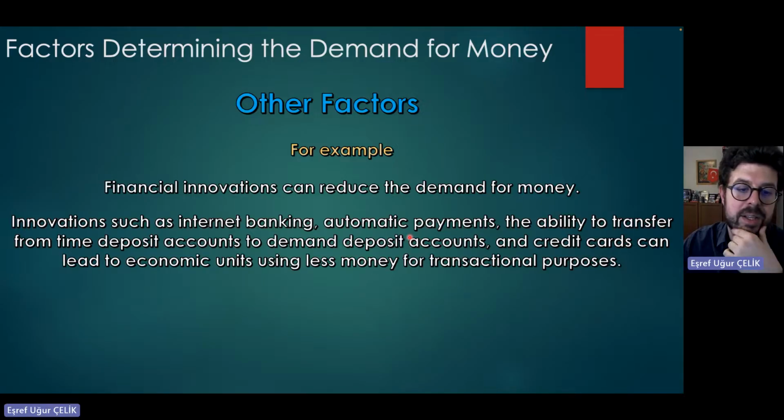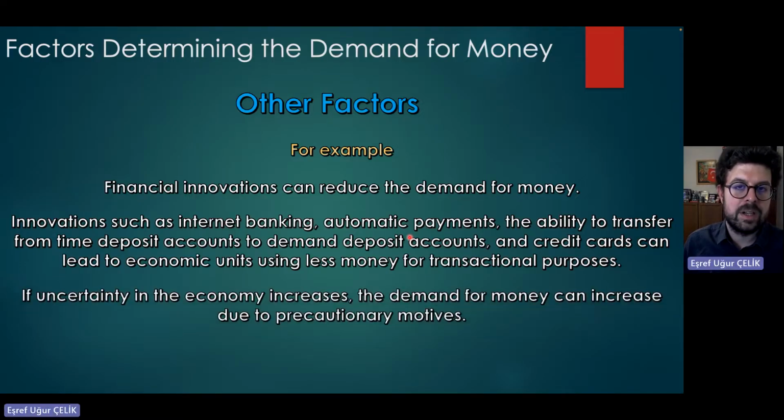And also the use of credit cards. That innovation gives us the opportunity to use less money for doing our business. That's why as technological or financial innovation becomes higher, our money demand becomes lower. Okay.